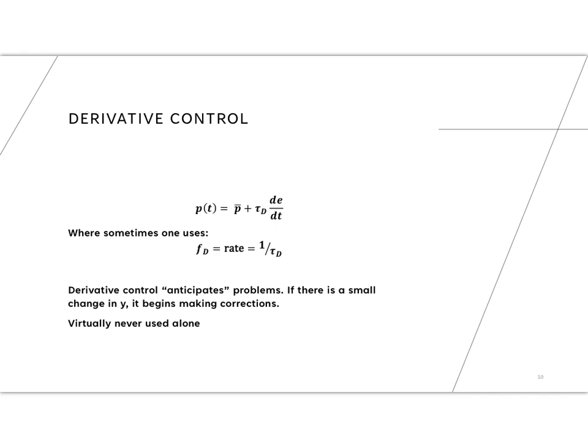That can be good, but systems tend to be noisy. If you've taken your unit ops lab course, you've seen that measurements, especially flow rate, tend to kind of bounce all over the place. Derivative control on its own is rarely used.